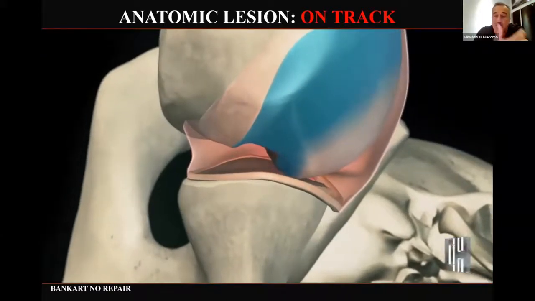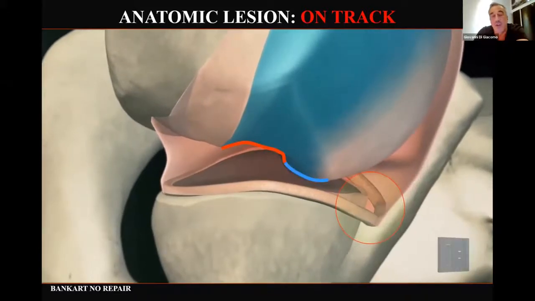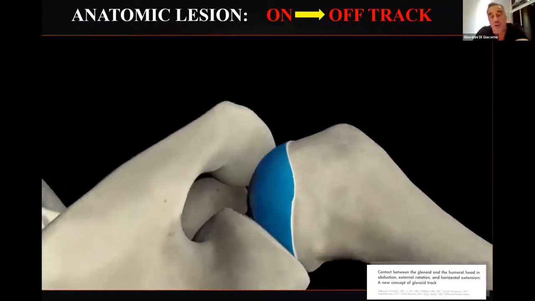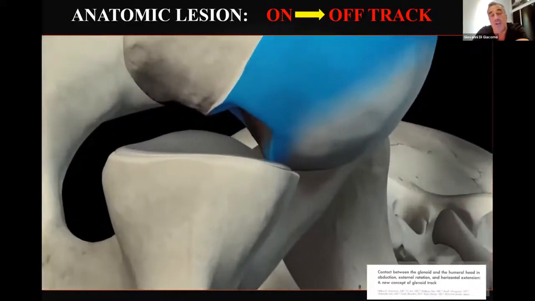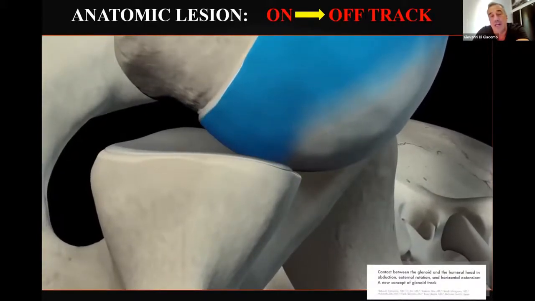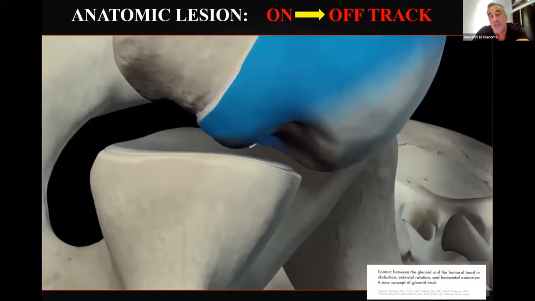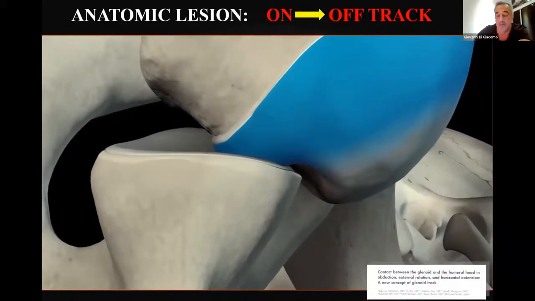And I will try to explain during these 20 minutes that when we speak about Hill-Sachs lesion, we have to try to understand through images, CT or MRI, if it is on track, and I will speak about what the glenoid track is. But very important is also to be able to look if the Hill-Sachs is off track. Usually the off-track Hill-Sachs lesions are very large, very medial, and very close to the center of the humeral head.